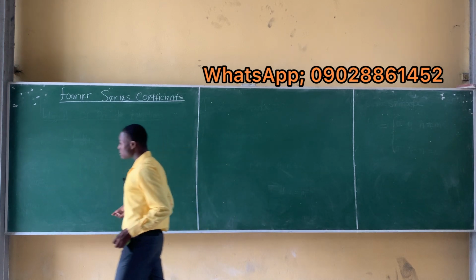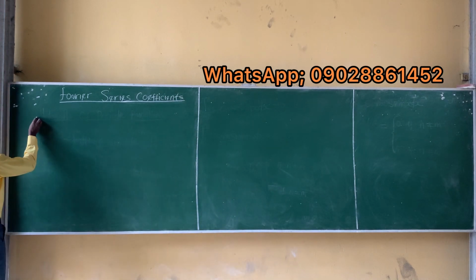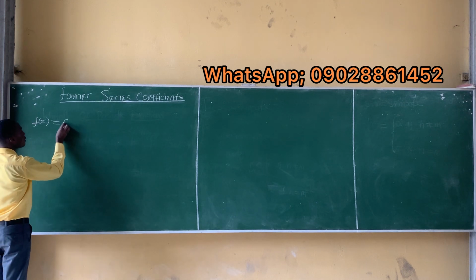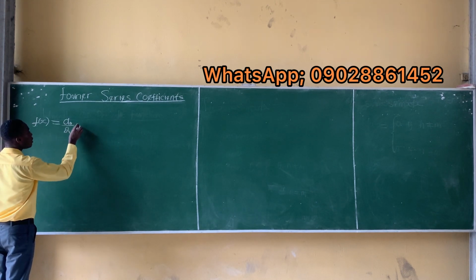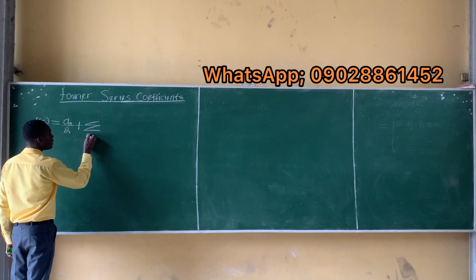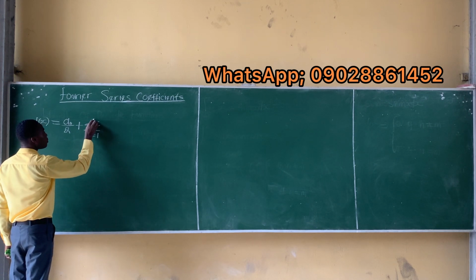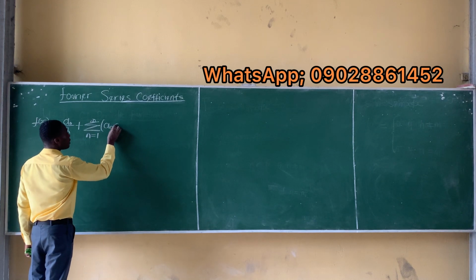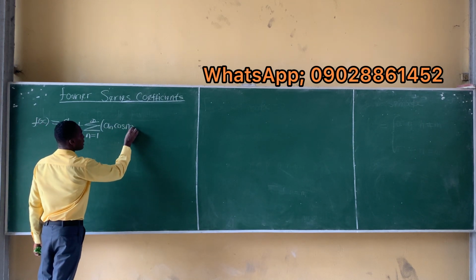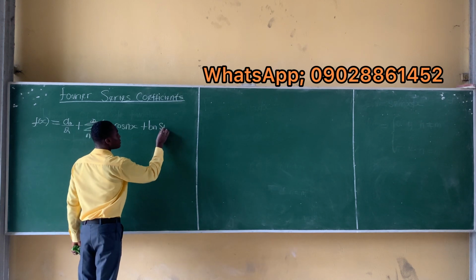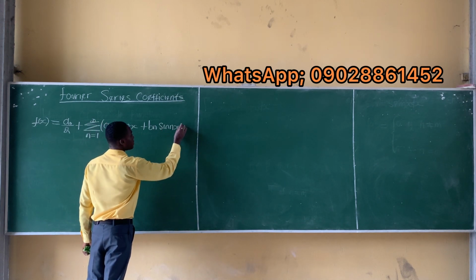First of all, know that the Fourier series of a function f of x is equal to a naught over 2 plus the sum as n equal to 1 to infinity of a sub n cos nx plus b sub n sin nx.